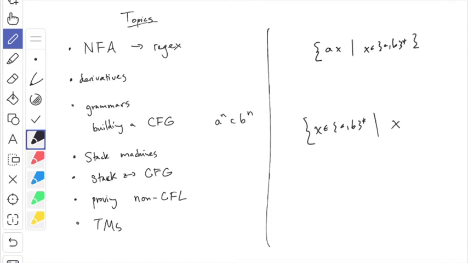Oh, the length of X is less than 3. Okay, my strategy for that is, so X has to look something like ABA, or maybe AB, something. Here it is in words. The machine should start at the beginning, move to the right 3 times, and if it's a blank, accept.